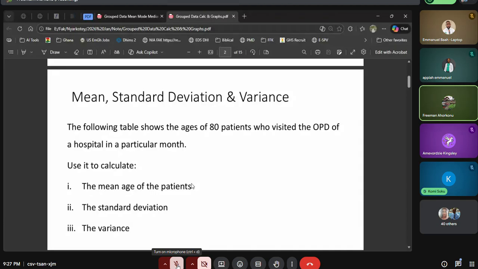Here we are talking about the mean of grouped data, because if we want to add all these numbers, 41 plus 67 plus all this, up to 60 numbers, and divide by the number of them, that would be too tedious. That is why we want to group them and estimate. So we say the mean of the grouped data.